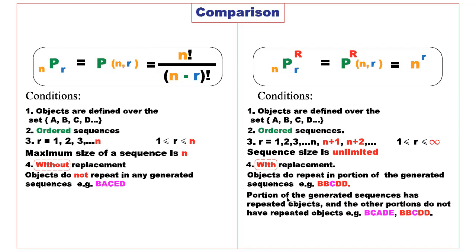So now again, a portion of the generated sequences has repeated objects in such case, and the other portion has no repeated objects. So we are going to have here, for this sequence, no repeated object, and for this sequence, repeated objects.